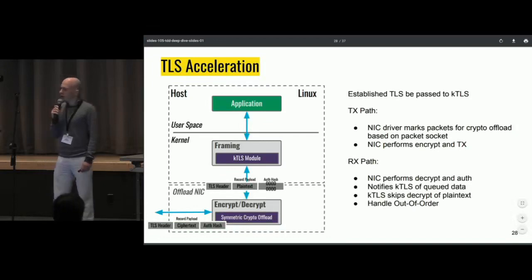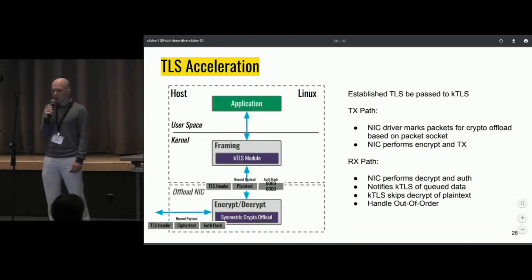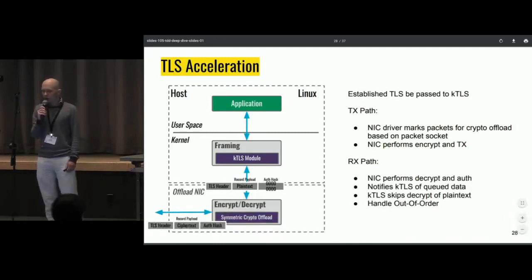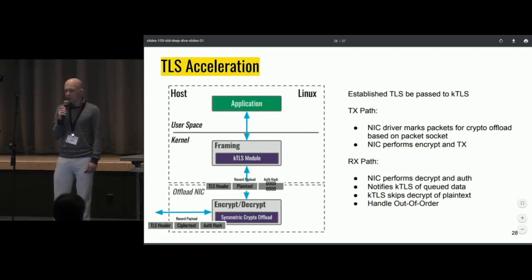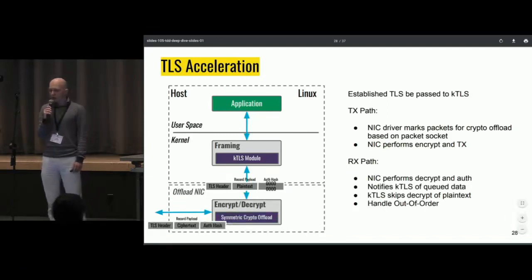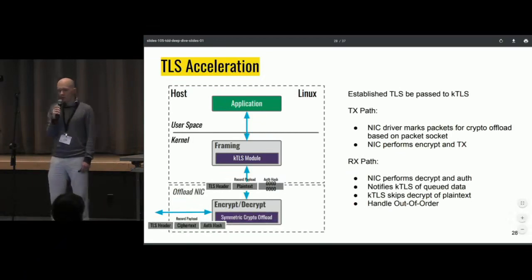And crypto itself tends to be quite complex. So what we have at the moment is an offload of TLS, and this is only dealing with TLS connections which are in the established state. So the host is still responsible for the connection establishment, the TLS handshake, the certificate negotiation, and so on.